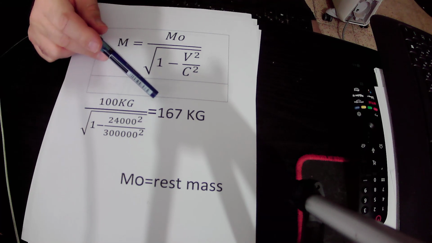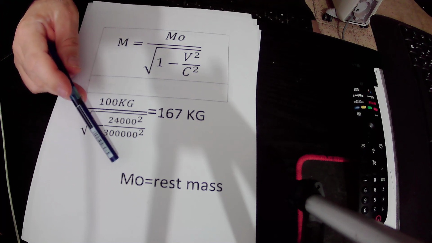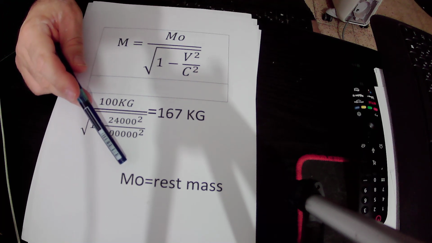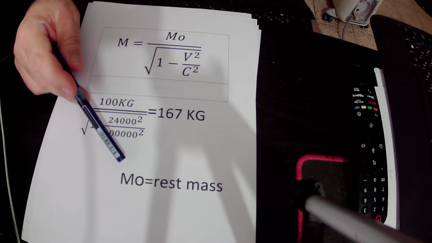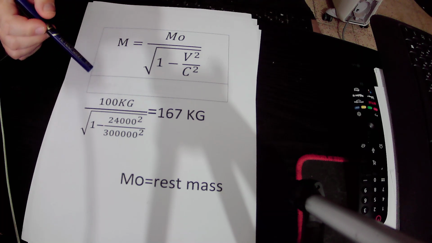It will be 167 kilograms. As I have already said, m naught is the rest mass, that is to say the mass of the body or the object when it is on Earth and it is not moving. Okay.